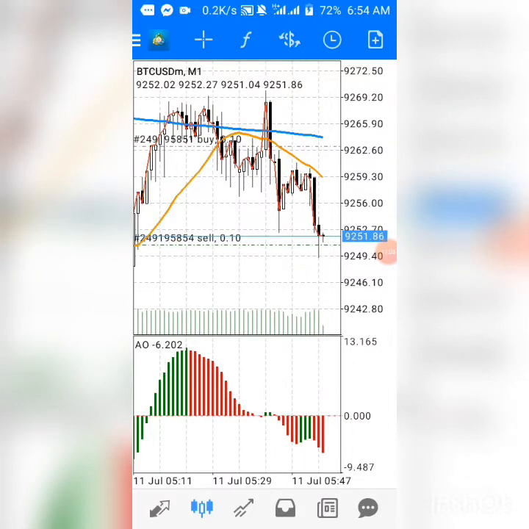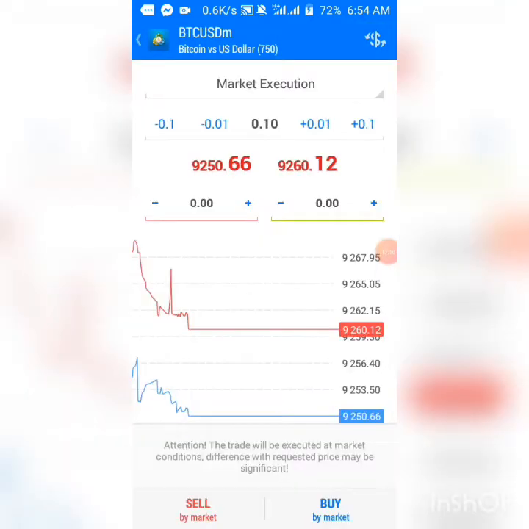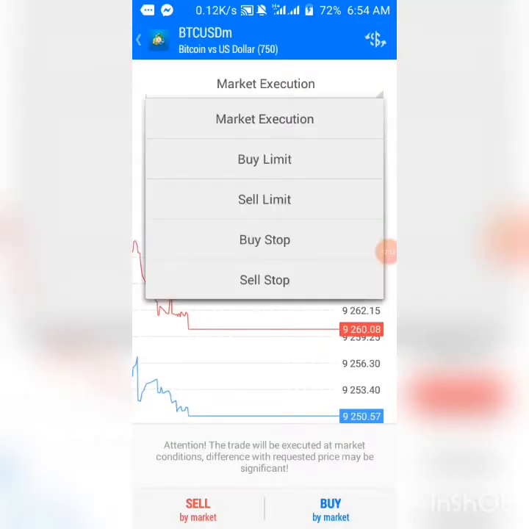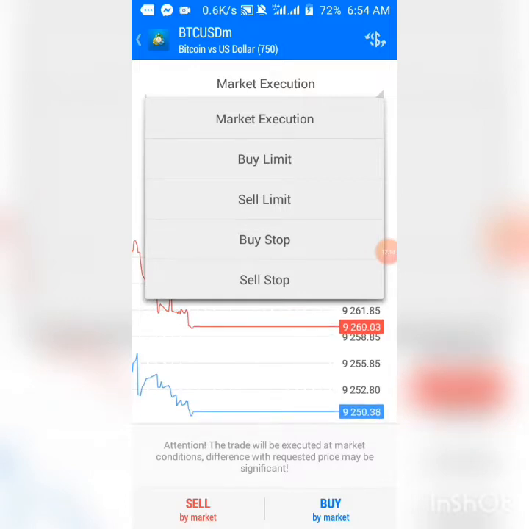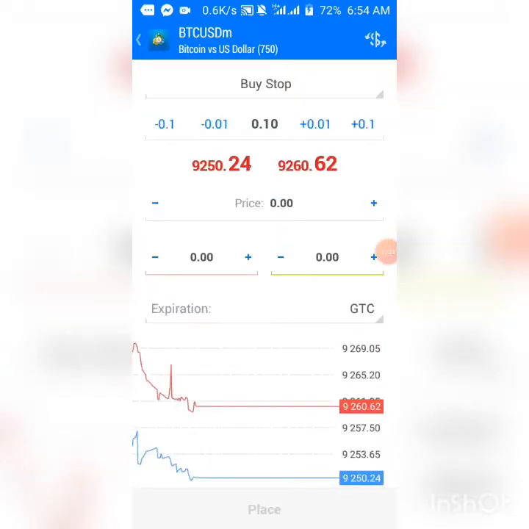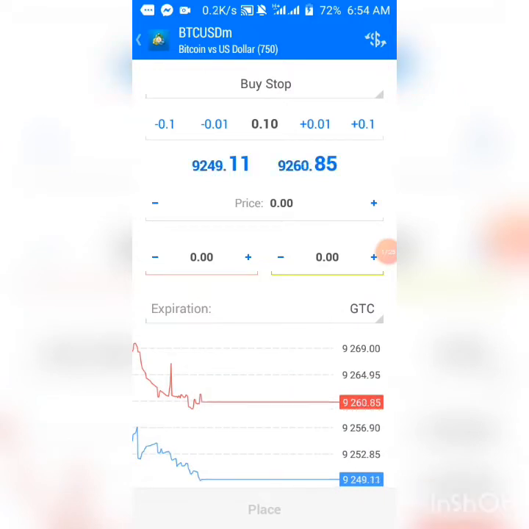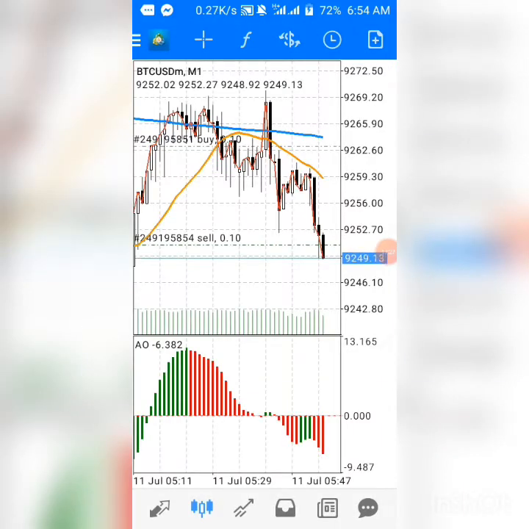So if I want to place pending orders, I can place either a sell limit, a buy limit, a buy stop, or a sell stop. So let me place a buy stop at 9259.3.